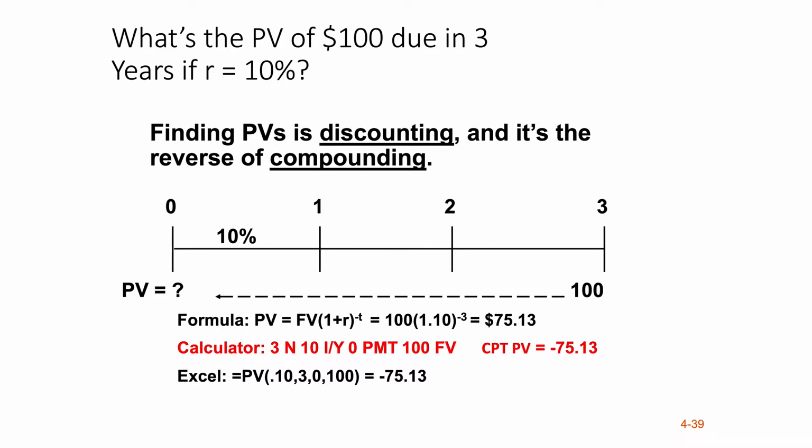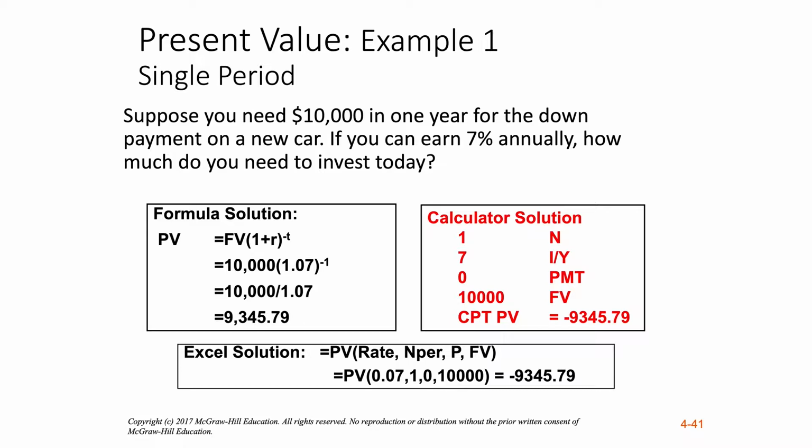Look at another example. Suppose you need $10,000 in 1 year for the down payment on a new car. If you can earn 7% annually, how much do you need to invest today? Now, I only highlight the calculator solution using red. Ignore the formula and Excel solution, okay? And use my method as in the next slide.